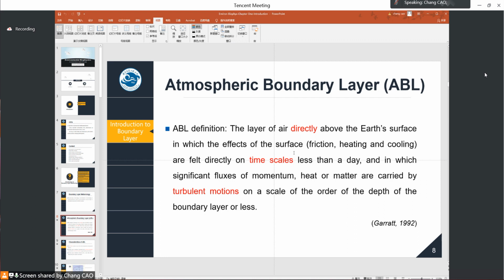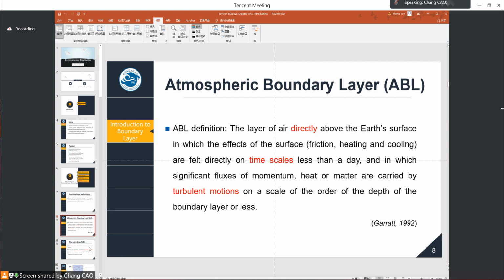Firstly, it lies just directly above the Earth's surface, and also all the parameters like temperature and humidity will have very obvious diurnal variation, which means they vary with a very obvious pattern during one day. So that's the definition of ABL.